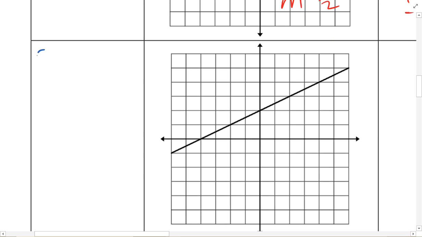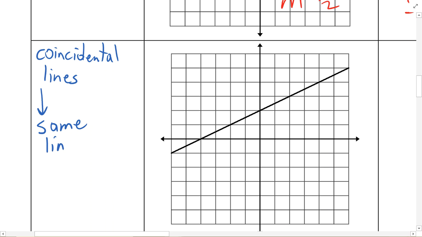Here we go. Coincidental lines. Okay. That's just the fancy math speak for the same lines. They're on top of each other.